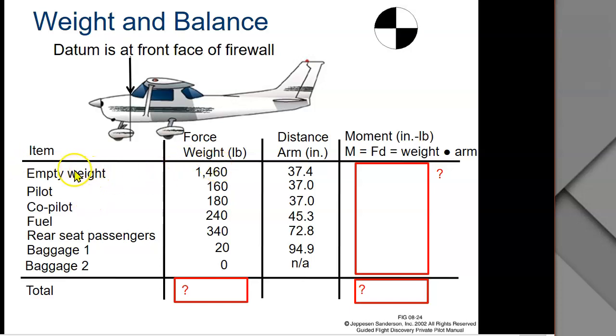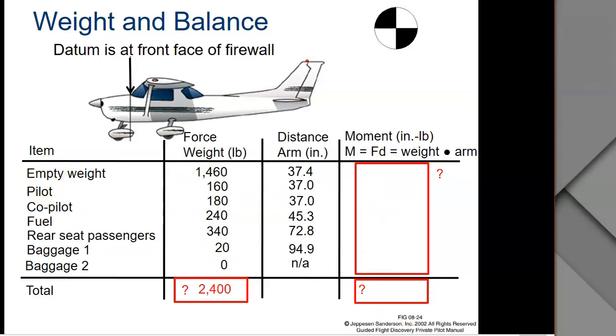So we need to have a table that looks like this: the item, the weight of each item and the distance from the datum in inches. So we're measuring everything from here, and we're going to calculate the moment for each item using force times distance. So we're going to multiply these two together, and then we're going to total the weight, and we're going to total the moment.